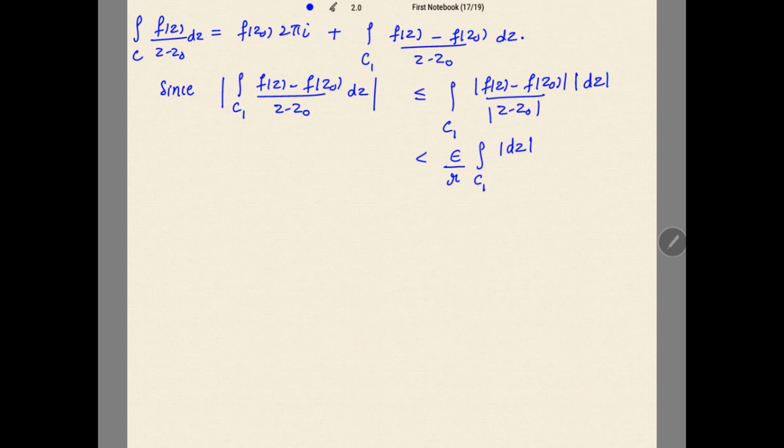What is this? This is nothing but the circumference of the circle of radius r. So this is epsilon times 2 pi r over r. The r cancels, and you will be left with 2 pi epsilon.